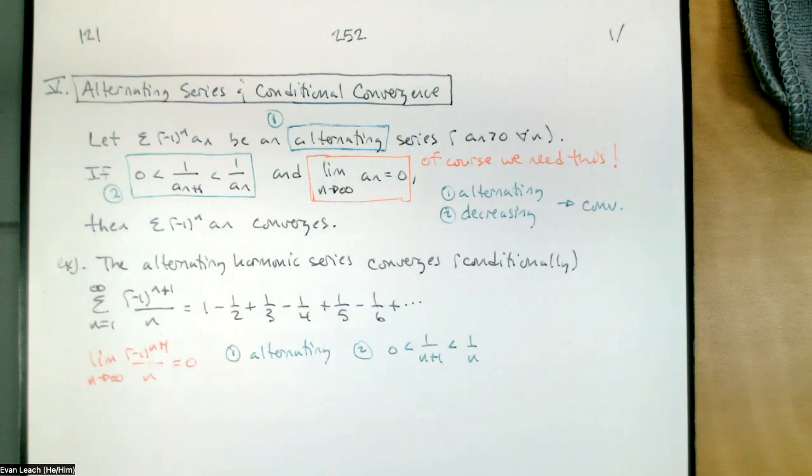Pointing out that the limit of the terms is 0, we could ignore the alternating part, but I threw it in there just because we look at the whole thing first before we decide how we're going to approach the problem.